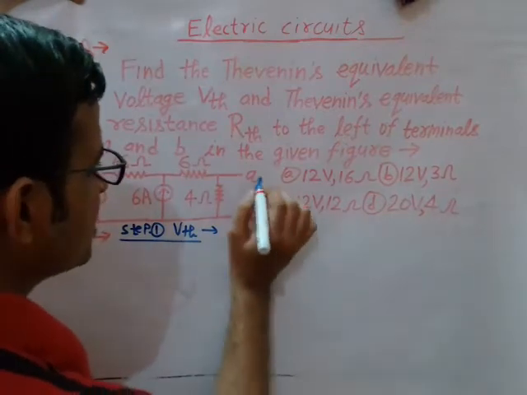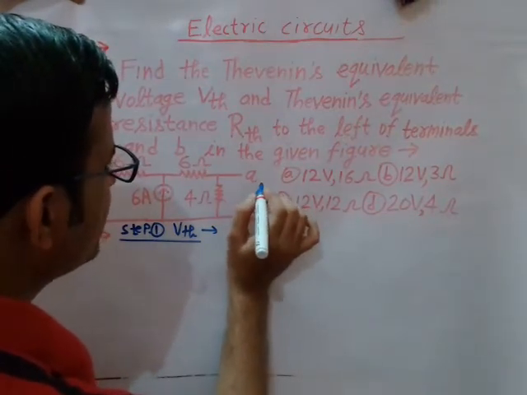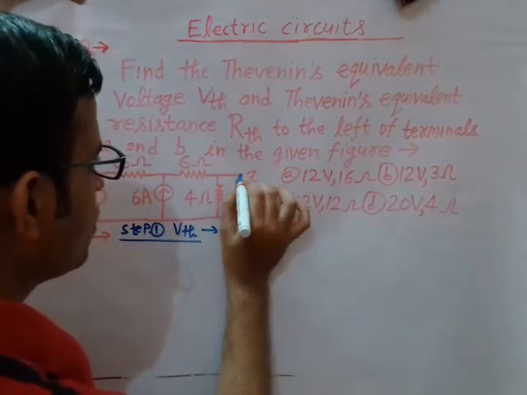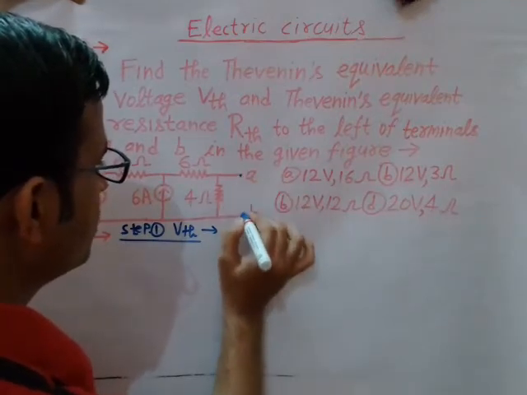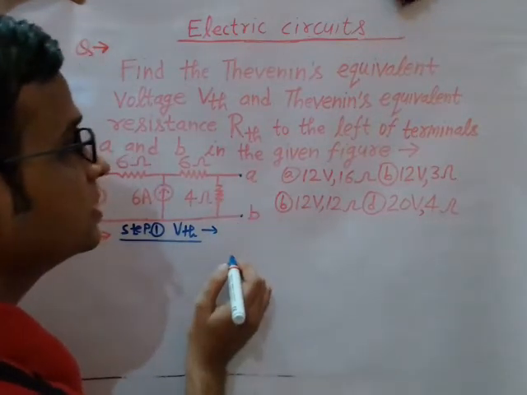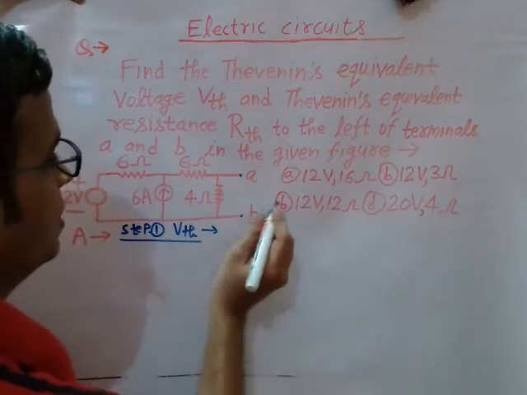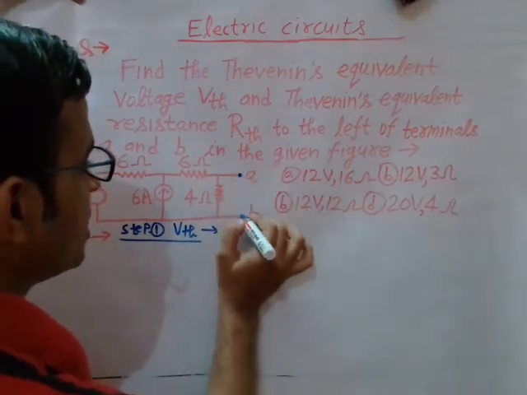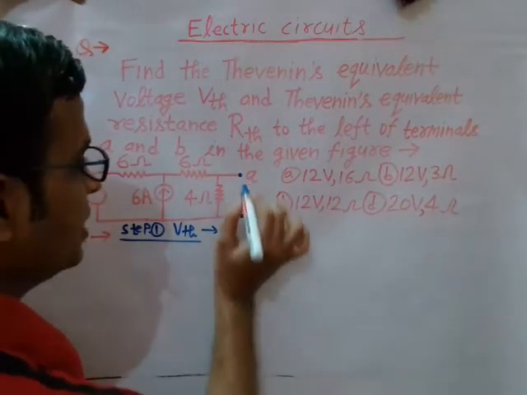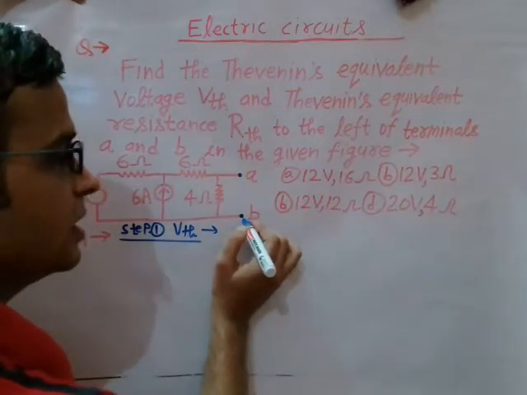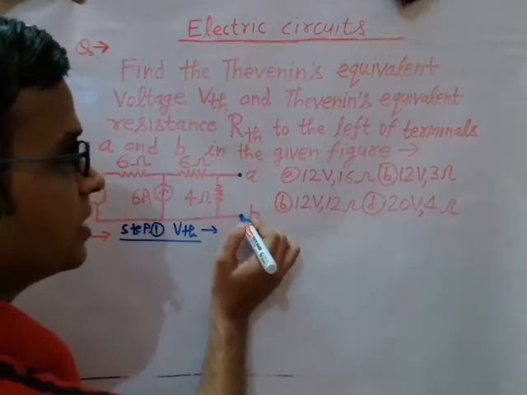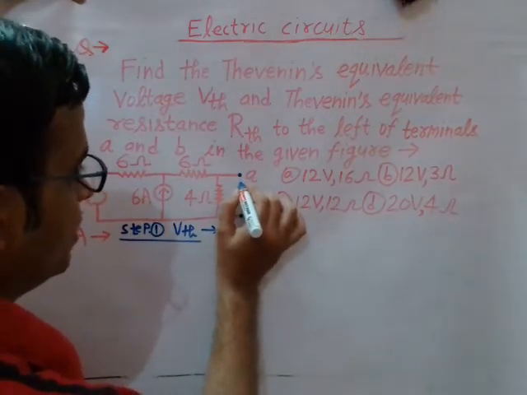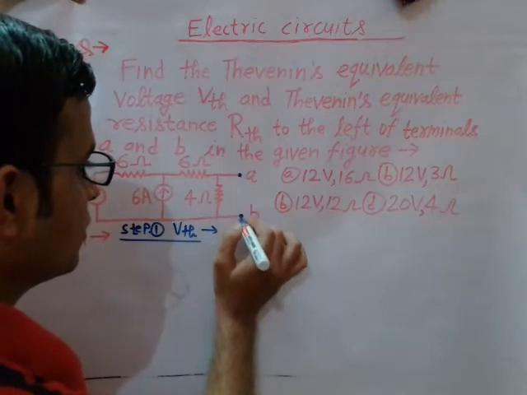VTH is the open circuit voltage across those terminals where you want to find the Thevenin's equivalent circuit. Such terminals are A and B, and it is already open circuit, so there is no need to remove anything across these two terminals.